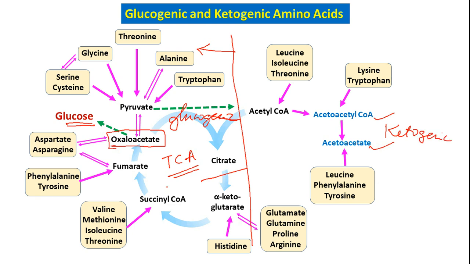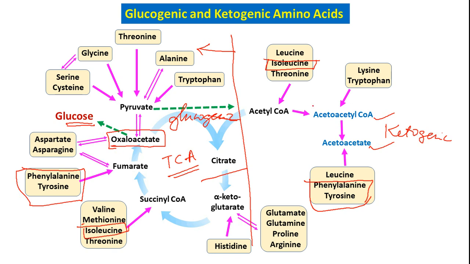Okay, but some of the amino acids, for example phenylalanine and tyrosine, you can see here, you can also find over here. So that's the reason why these chemicals are dual. Okay, both ketogenic as well as glucogenic. Isoleucine is also there on both sides, so it is also both glucogenic as well as ketogenic.